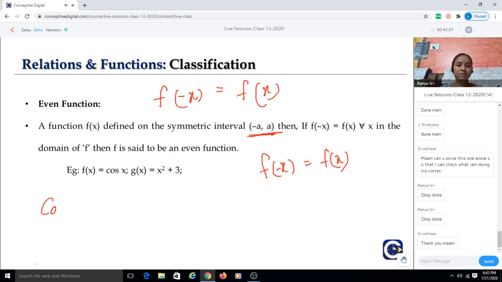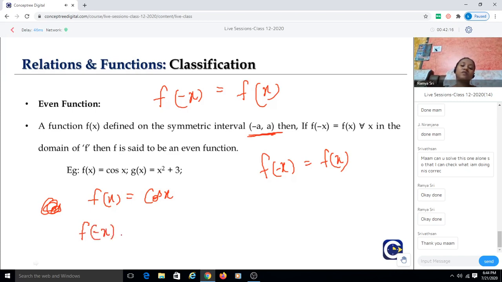The first example: let us take our function f of x is equal to cos x. Our aim is to check whether this function is even or not. Let's substitute minus x in place of x. It will become cos of minus x.